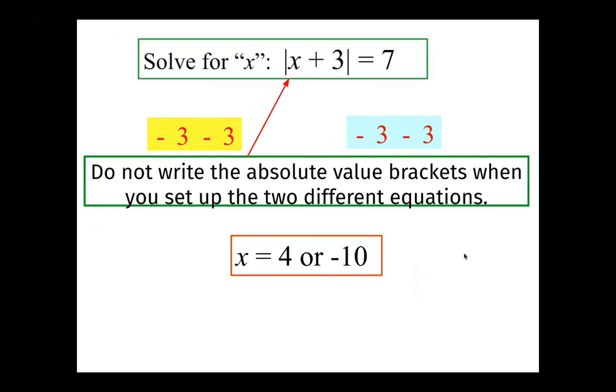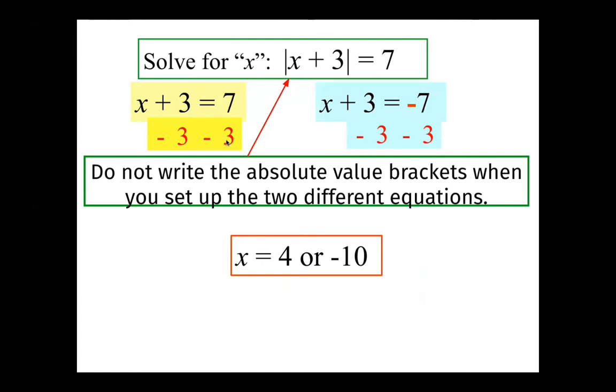Let's go ahead and look at a similar one right here. We're given solve for x with absolute value x plus 3 equals 7. Once again, set up your 2 equations without the brackets. So I'll set up x plus 3 equals positive 7 and also x plus 3 equals negative 7.